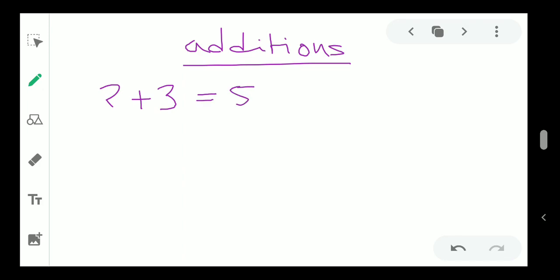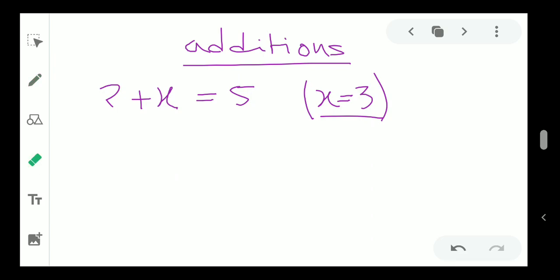But if we don't know the value of 3, we can still write 2 plus x, and it can be that the value of x is 3. Instead of 3, we can write x also, if we mention that x is equal to 3.